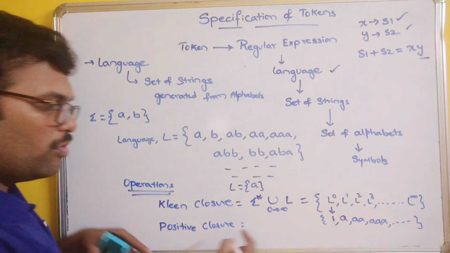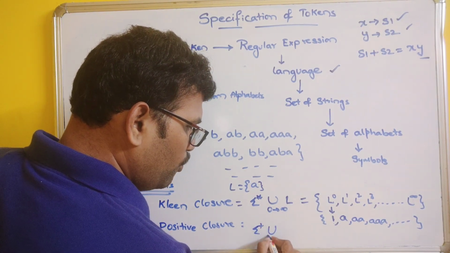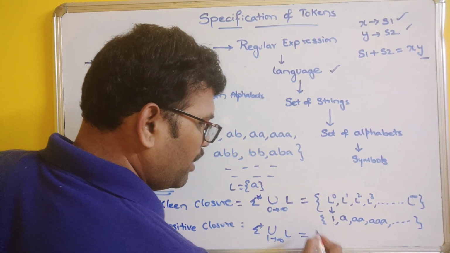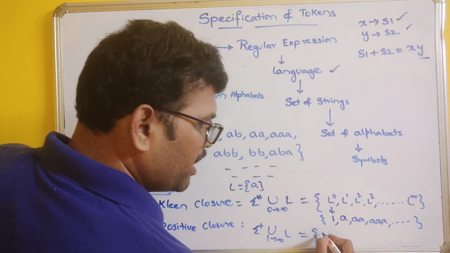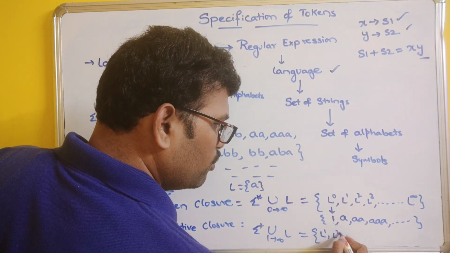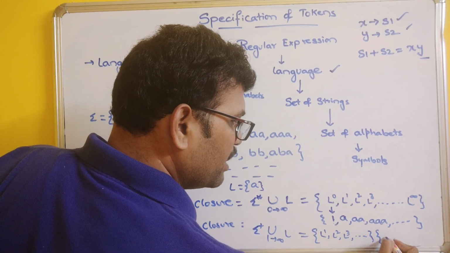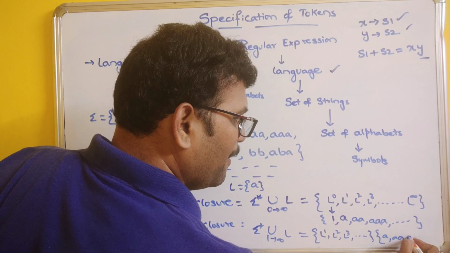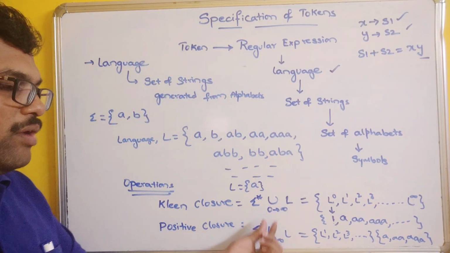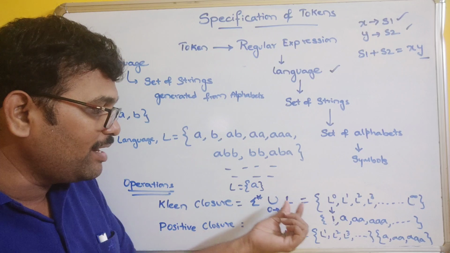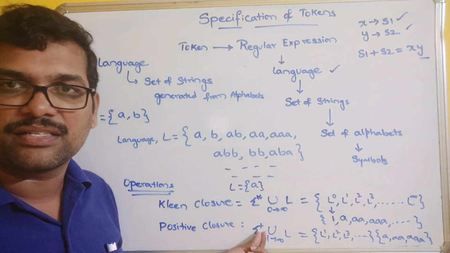And if it is a positive closure, then sigma plus is the union from 1 to infinity of L. That means we get L1, L2, L3, and so on. So that's the difference. It starts from 0 here, and from 1 here, and one is represented with a star, and the other with a plus.